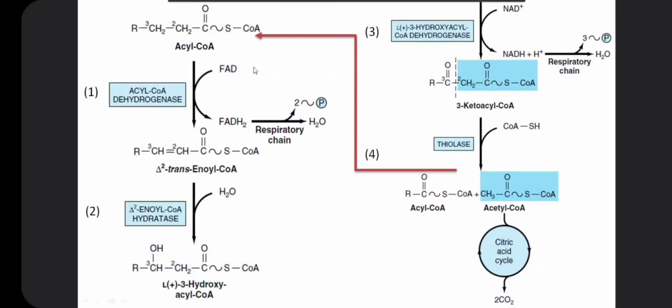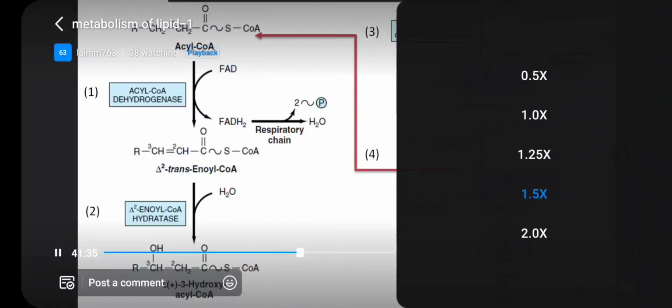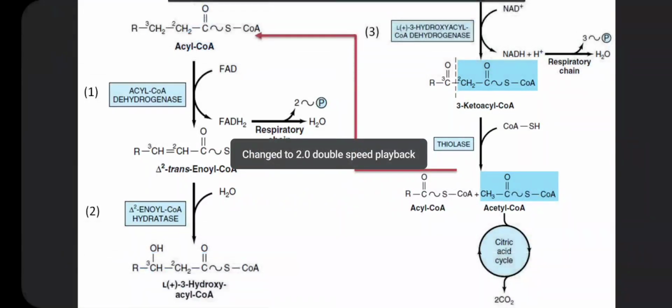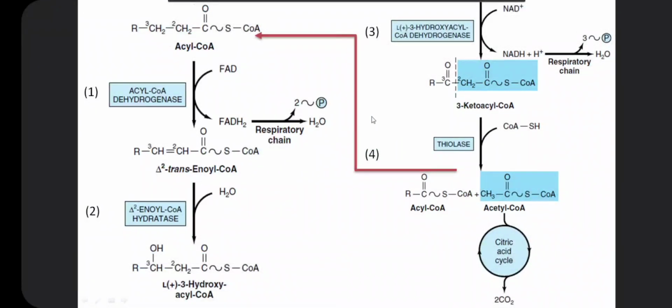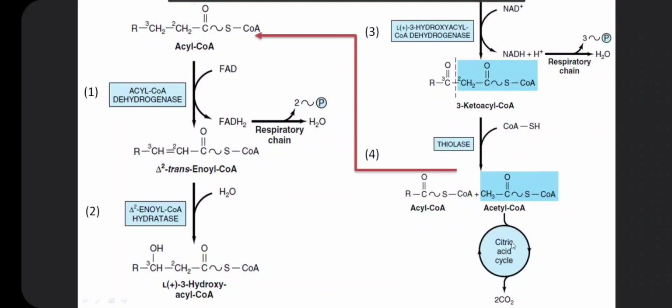And when the fatty acid has been shortened to the 4-carbon stage, that means the fatty acid chain includes only 4 carbon atoms, after oxidation, hydration, and oxidation, it is finally split into 2 molecules of acetyl coenzyme A. And then the acetyl coenzyme A can be oxidized to carbon dioxide and water via the citric acid cycle.